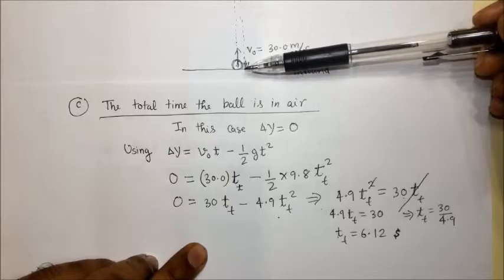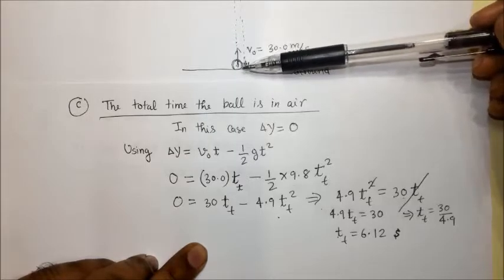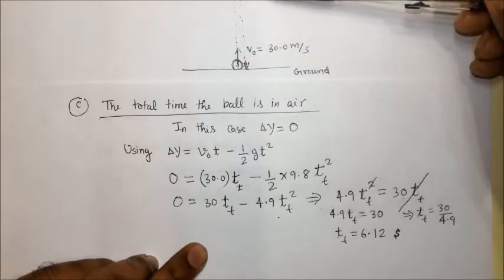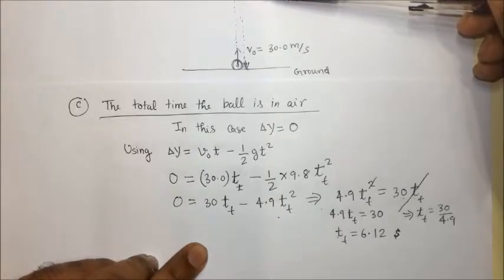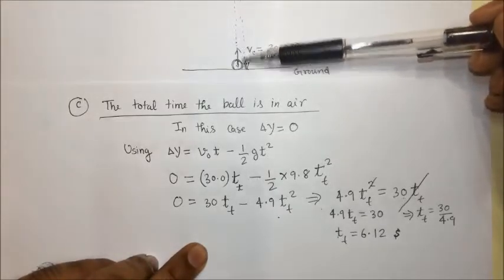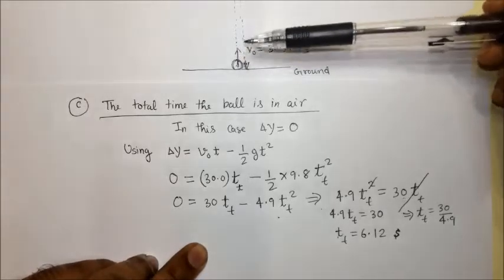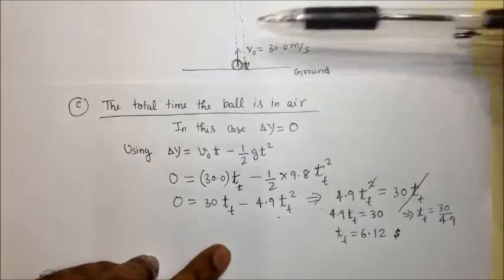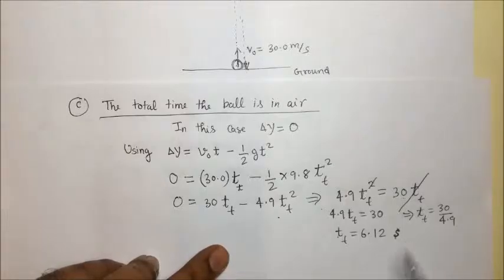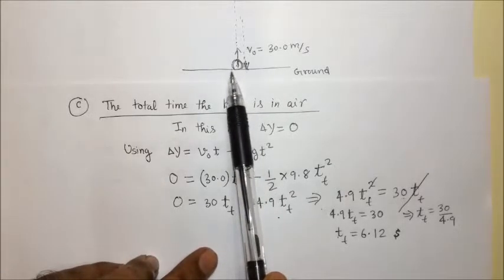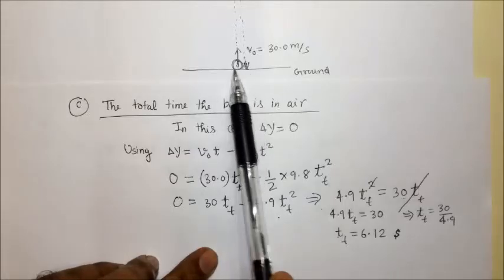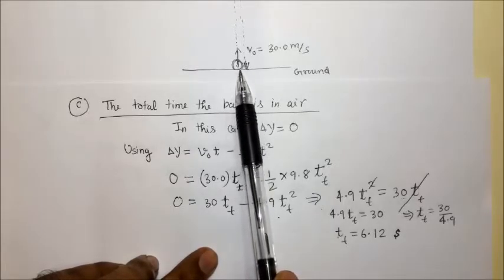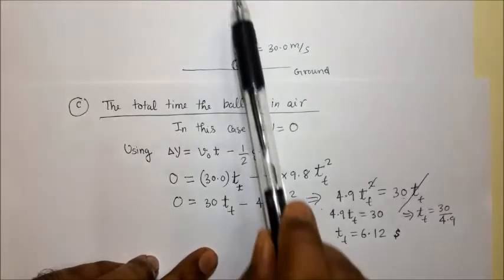So the total time is the time to go to the top plus the time it takes to come back to the ground, and 3.06 plus 3.06 again gives you 6.12 seconds. Alright, so if your starting point and end point are the same, the total time is twice the time to go to the top.